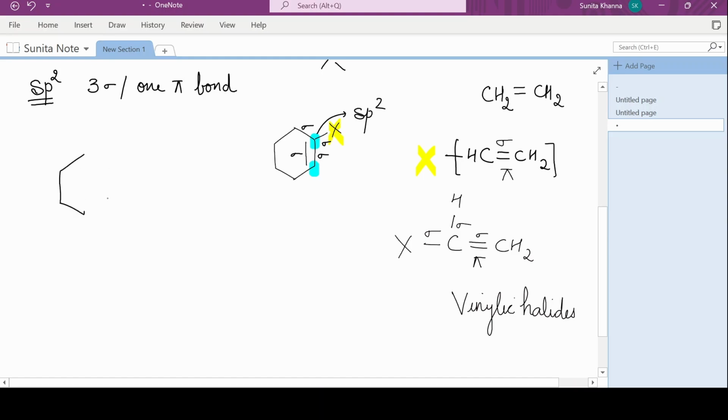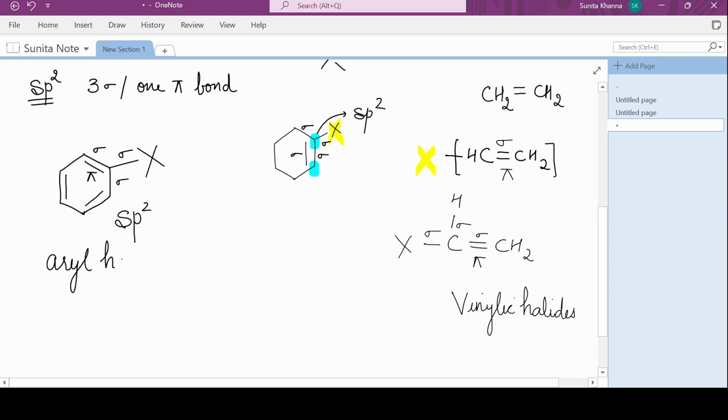So this is a benzene ring: double bond, single bond, double bond, single bond. And here we have one halogen. Where it is a double bond, one is sigma and one is pi. So it is sp2 as it is on the benzene ring. So it is aryl halide.